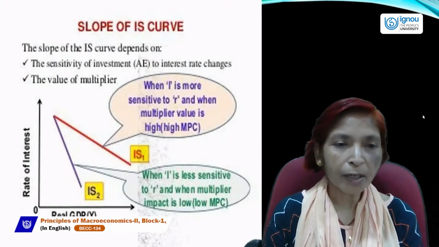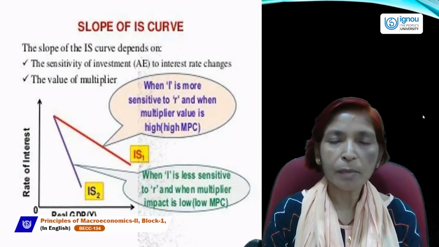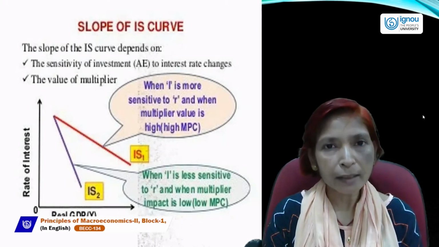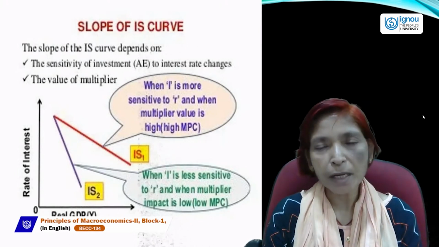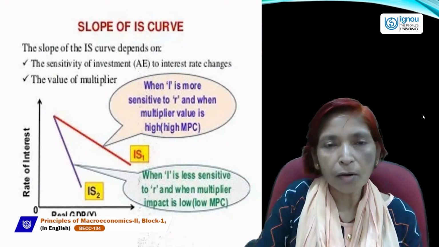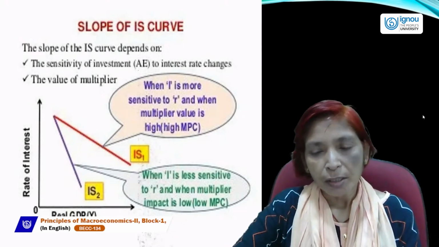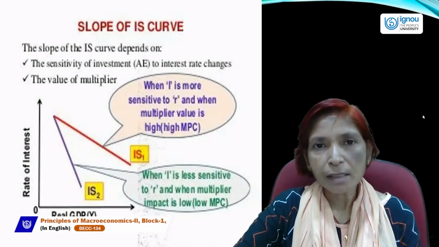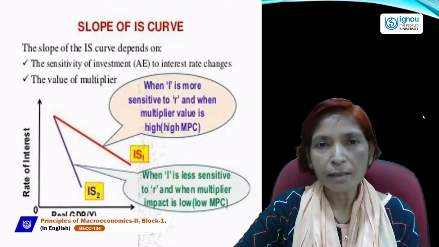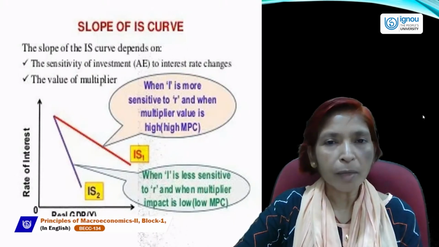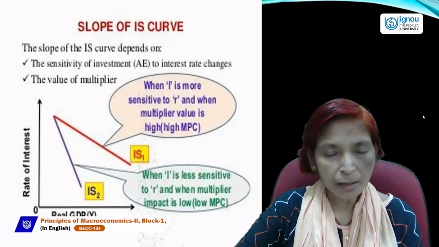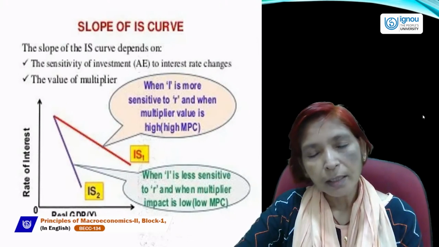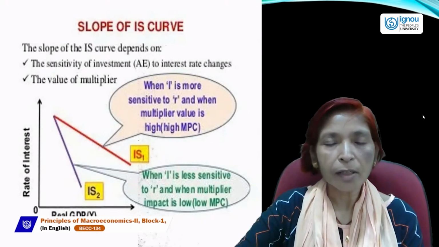So the slope of the IS curve may be steeper or flatter, but generally the slope is always downward or negative. The steeper or flatter shape depends upon two main reasons: one is the sensitivity of investment to the rate of interest, and second is the size of the multiplier.